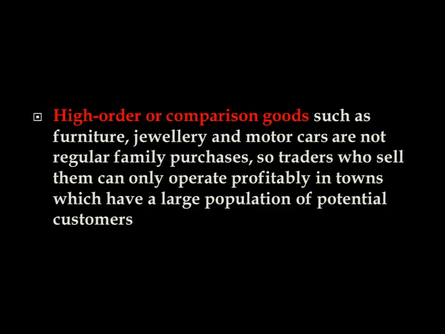So where do we find these high order goods? We find them in cities mostly. Why? Because traders who sell them can only operate profitably in towns where there is a large population and a high sphere of influence. Can you see that?